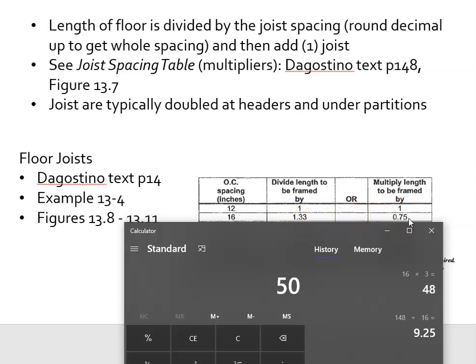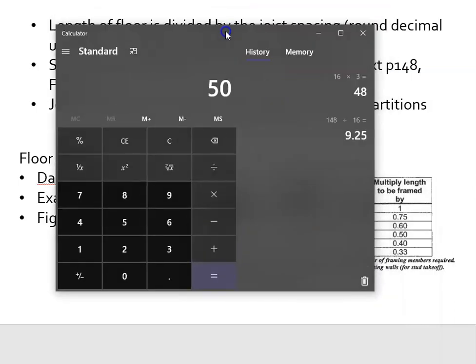This is going to give us a number that is less than 50. Let's see. Times 0.75 equals 37.5. We'll say 38 joists, plus 1 is 39.